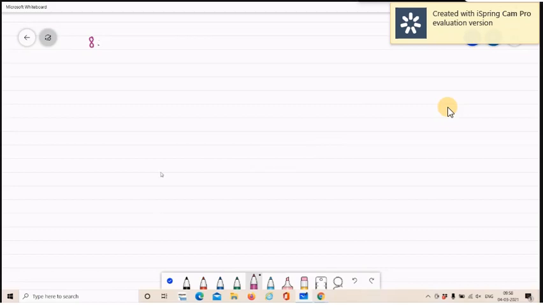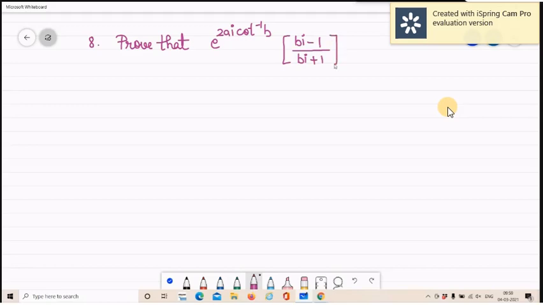Now let's see this sum. That is e raised to 2ai cot inverse of b into (bi minus 1) upon (bi plus 1) raised to minus a is equal to 1.